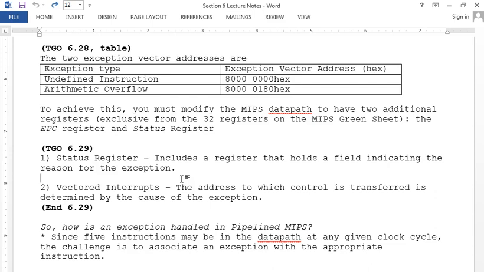And in a vectored interrupt, the address to which control is transferred is determined by the cause of the exception. So we kind of see an example here, right? And in more complicated data paths, there would be more complicated examples of vectored interrupts.